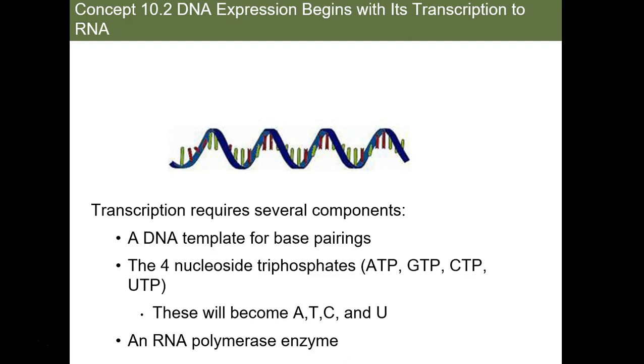In order for transcription to occur, it requires several things. It needs a DNA template for base pairing, and 4 nucleoside triphosphates that would become adenine, thymine, cytosine, and uracil. And it needs an RNA polymerase enzyme.